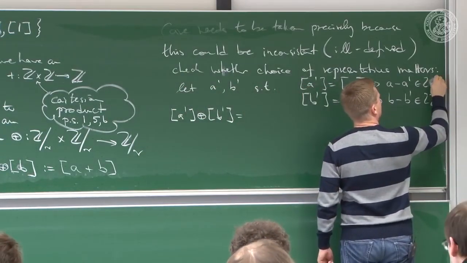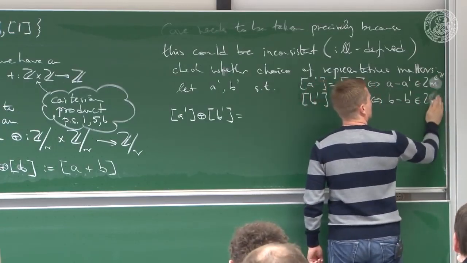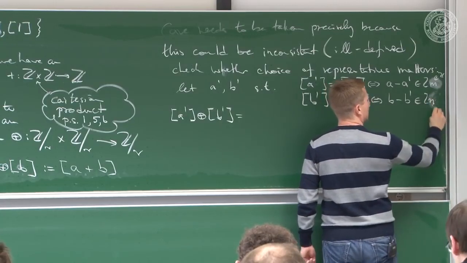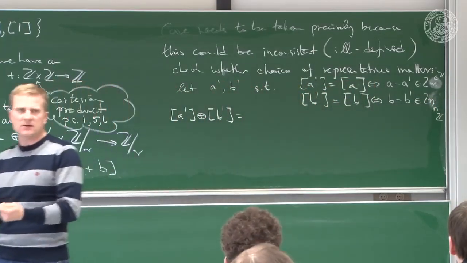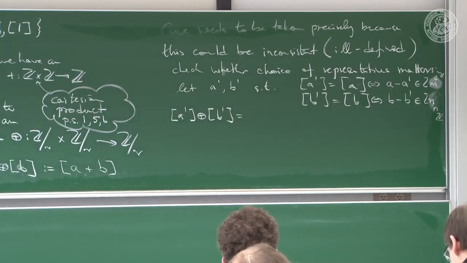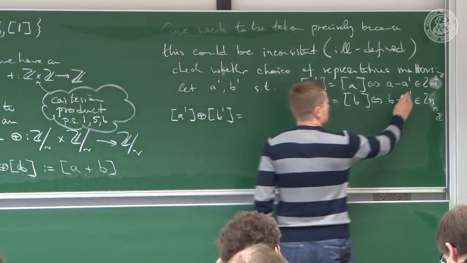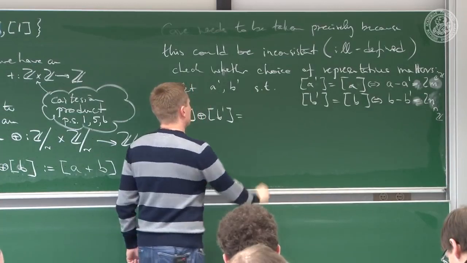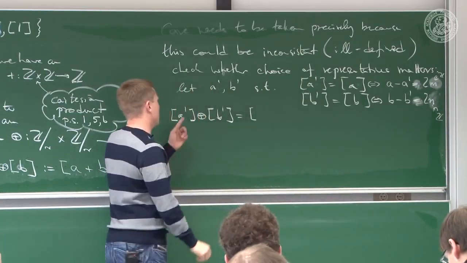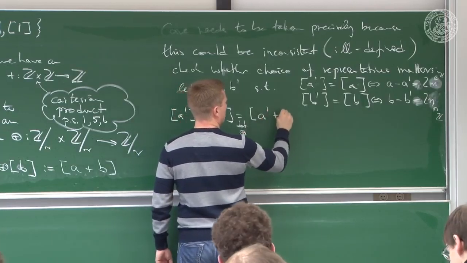Now, we can use this and say, well, if it lies in 2Z, then there exists an m in Z such that A minus A prime is 2m, and there exists an n in Z such that B minus B prime is 2n, for particular A and A prime, and B and B prime. Well, it's not an element, sorry, in that case it becomes an equal sign. So we can use the definition of circ plus: that would be A prime plus B prime.